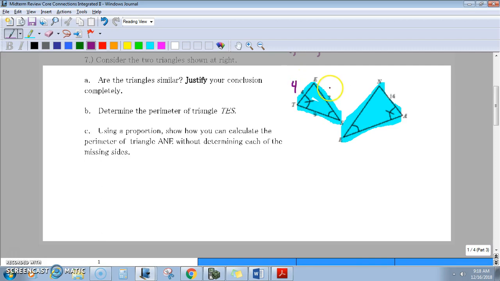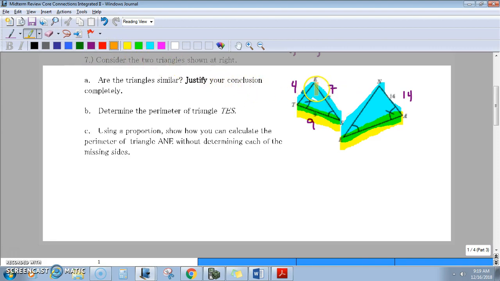This was 4, 7, 9, and this side is 14. So obviously these two angles are the same. So the line between these two angles should correspond to the same line between those two angles.